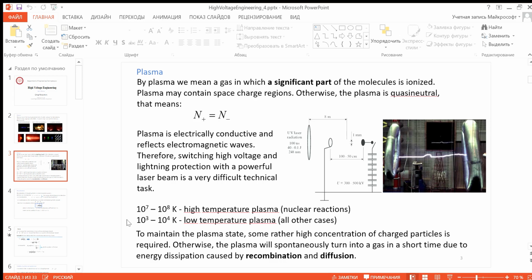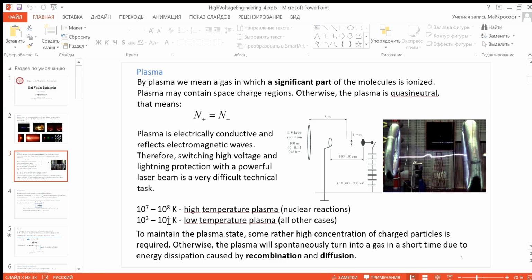And 10 power 3 to 10 power 4 Kelvin is low temperature plasma. All other cases of producing plasma. You see, 10 power 4 Kelvin is low temperature plasma.